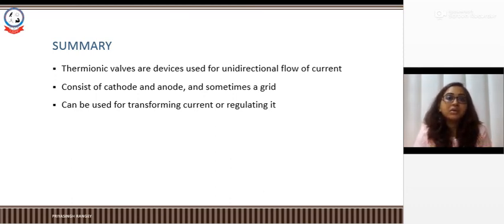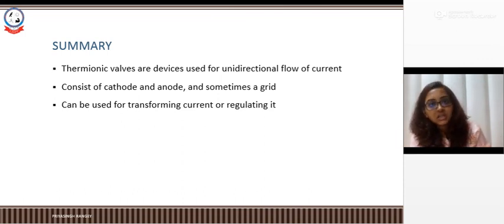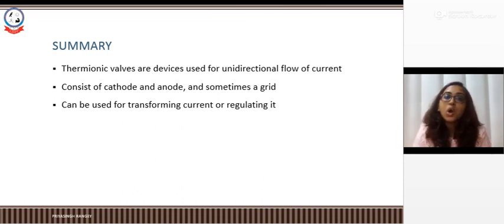And these thermionic valves can be used for transforming current or even regulating it, as we can see in the case of diode valve, where we are transforming the current from AC into pulsating DC. And it can also be used as a regulator for the electrical current, as we can see in the case of a triode valve, where we are increasing the current, keeping it the same, or switching the current off. So that is all about thermionic valves.